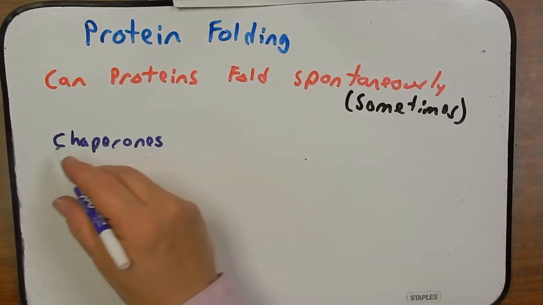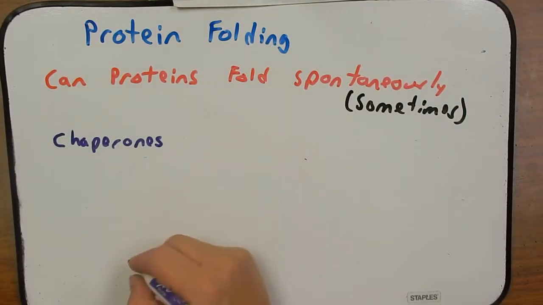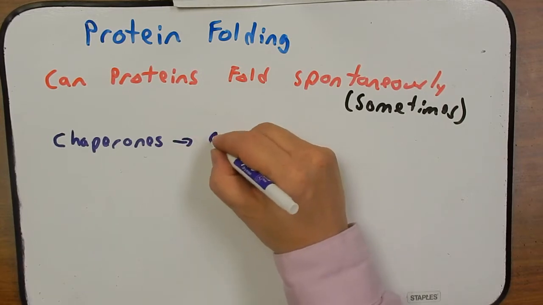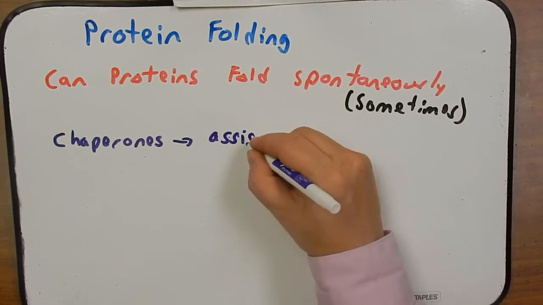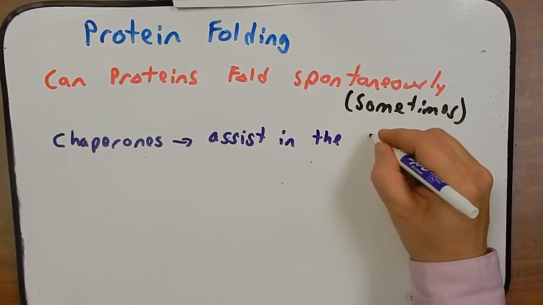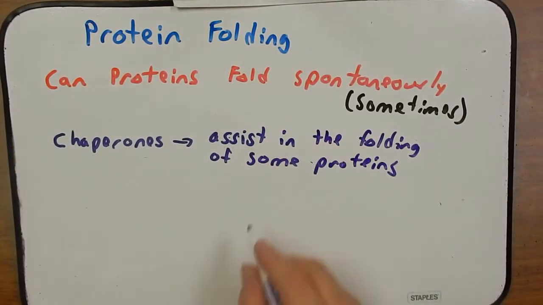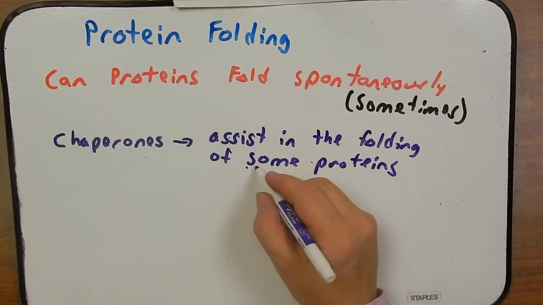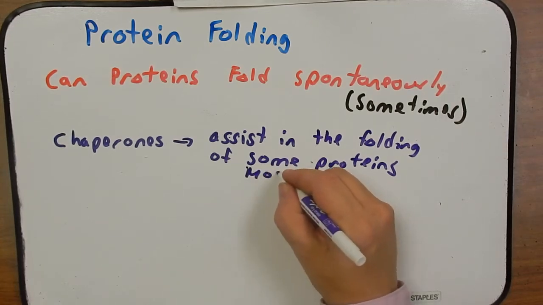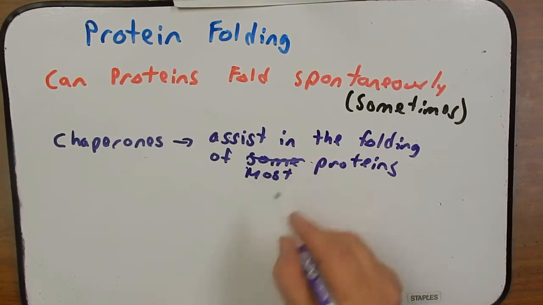There's a whole family of proteins called chaperones, and chaperones assist in the folding of some proteins. Really, I should probably say most proteins, because most proteins do seem to require some help here.